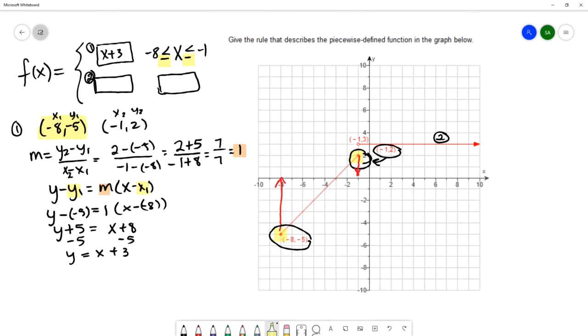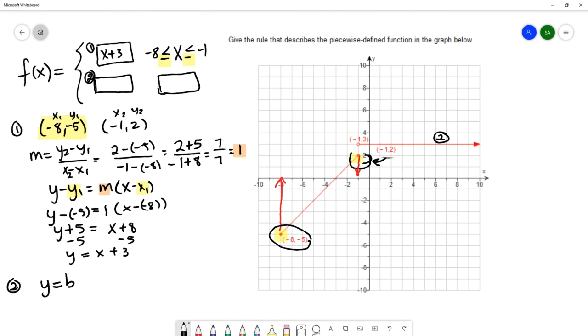So I found the first equation and the conditions for that first equation. I want to find the second equation as well as the conditions for the second equation. Now the second equation, I'm seeing it's a horizontal line, and I know horizontal lines have the equation y equals b.